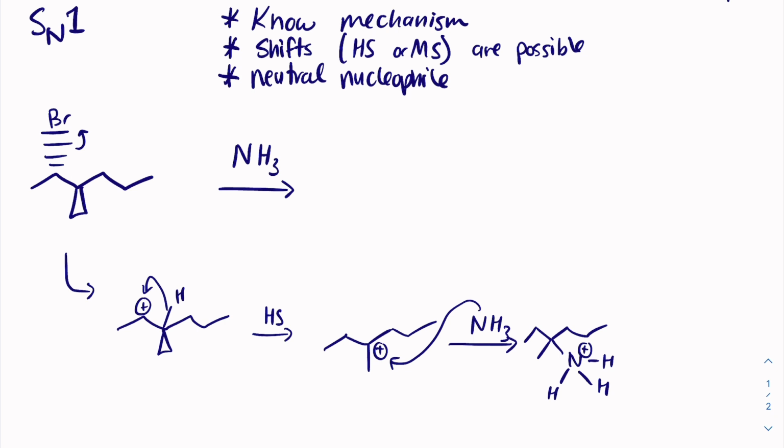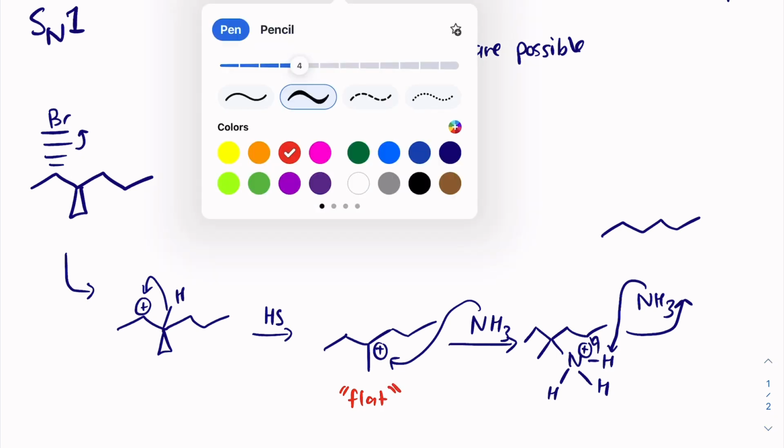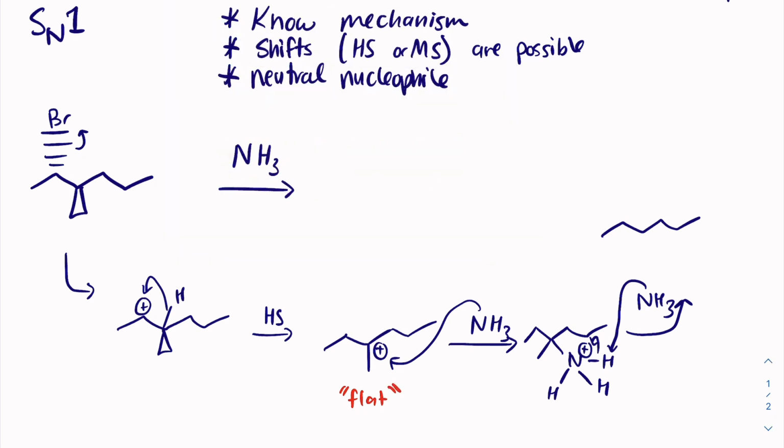We know with other mechanisms, as is the case with this one, our reagent, which is what we put above the arrow, is going to be in excess. And so another one of these reagents can come in and deprotonate that nitrogen. Because we went flat at one point, whenever the nucleophile attacks, it can attack from either side.